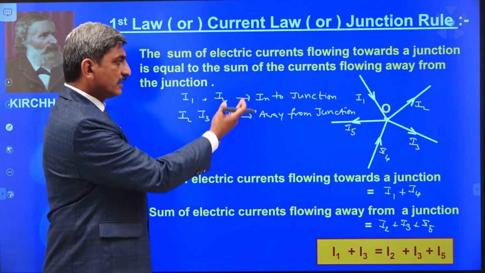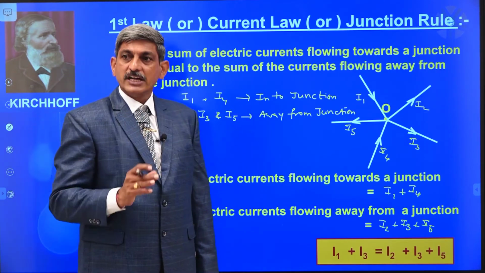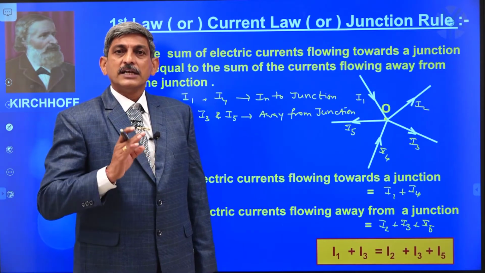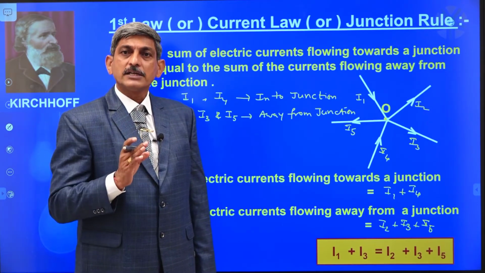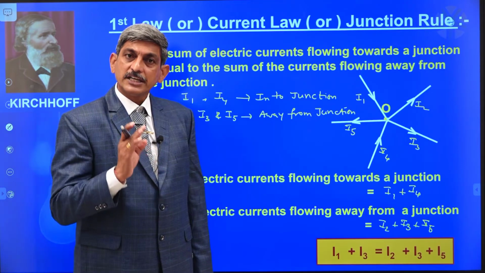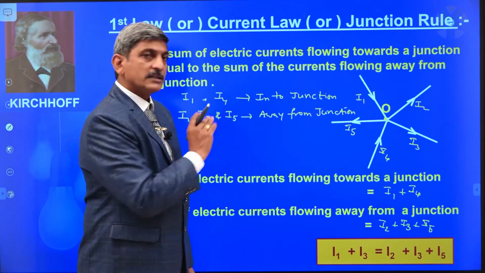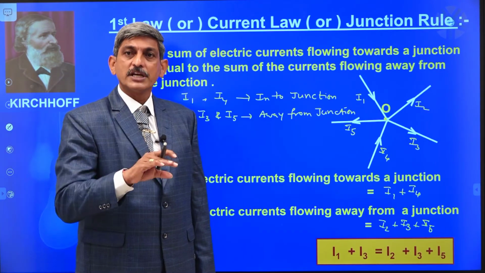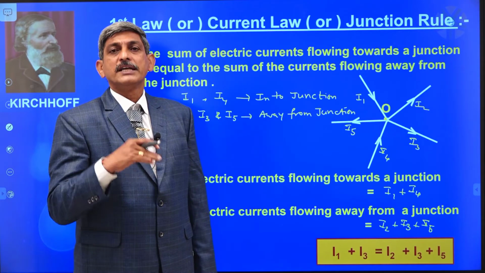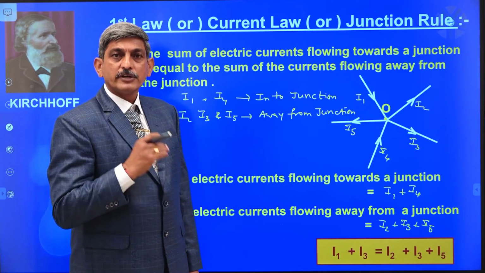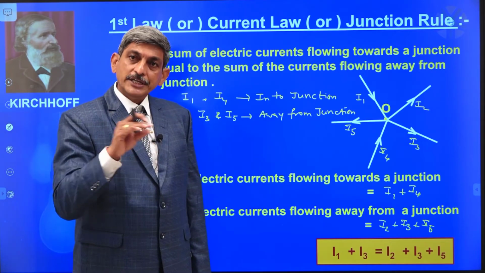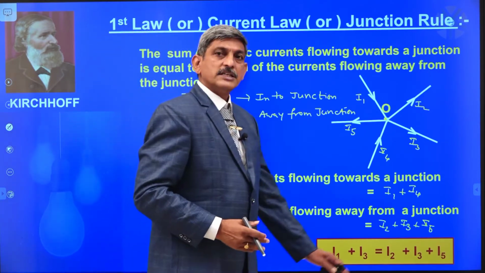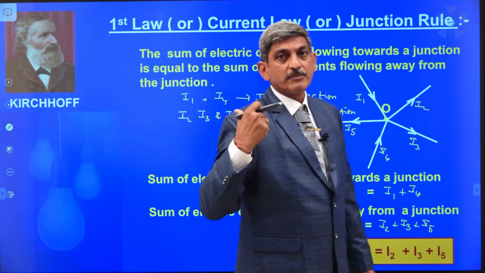So I am repeating, first of all, in the given network, identify the point or junction at which we want to apply Kirchhoff's first law or Kirchhoff's current law. Then let us observe the currents which are flowing into the junction and which are flowing away from the junction. Now take the sum of the currents flowing into the junction, then take the sum of the currents away from the junction.